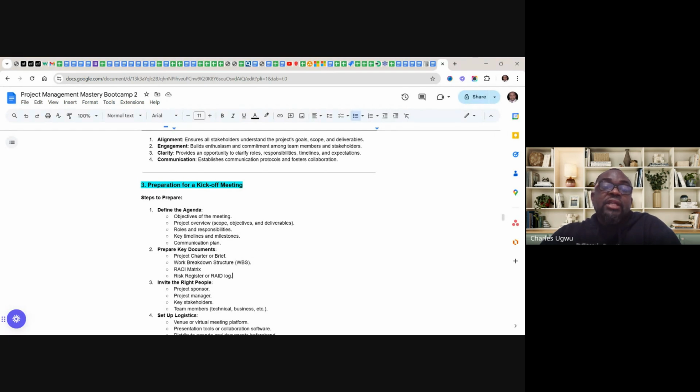Define the agenda, the objective of the meeting. Then project overview. When you talk about project overview, it is the scope. What are we covering? What are the boundaries, objectives and deliverables, roles and responsibilities, key timeline and milestones, and communication plan.